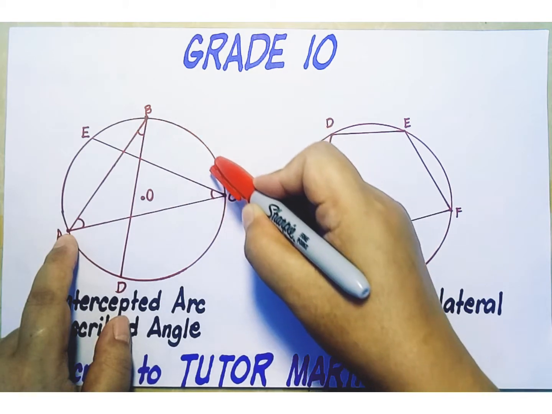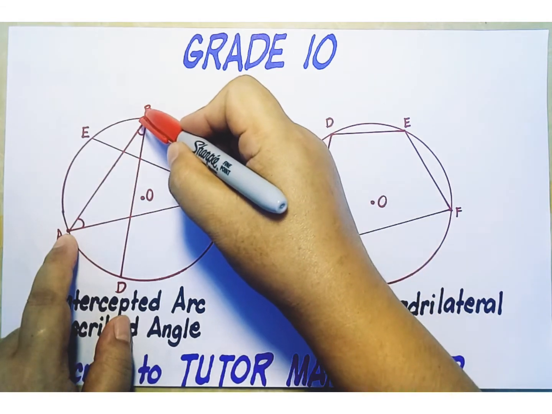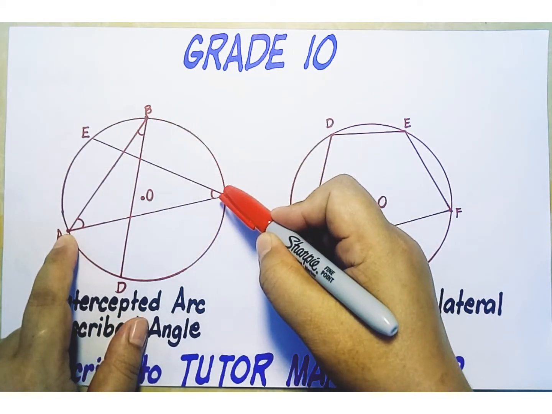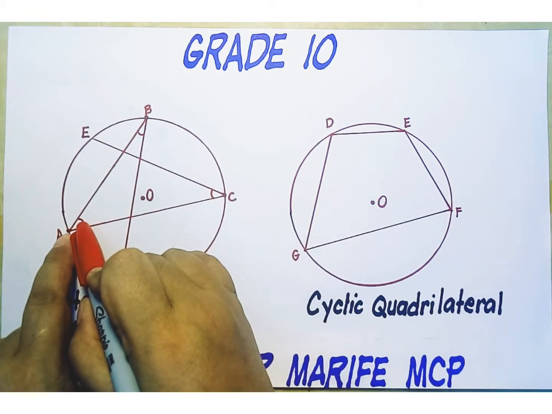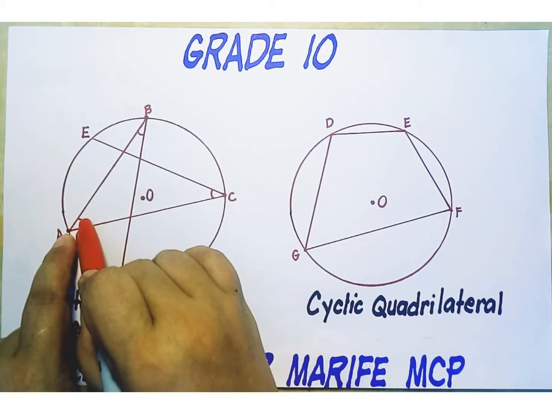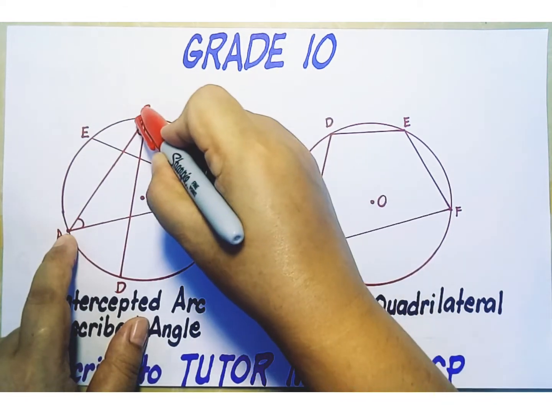This section of the circumference is enclosed by the two sides of angle A, and we call this section intercepted arc of angle A. So the intercepted arc of angle A is arc BC or arc CB.